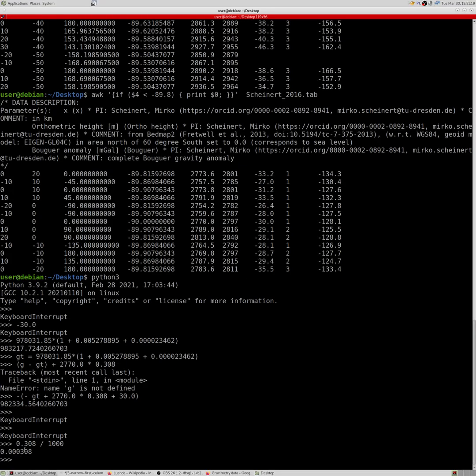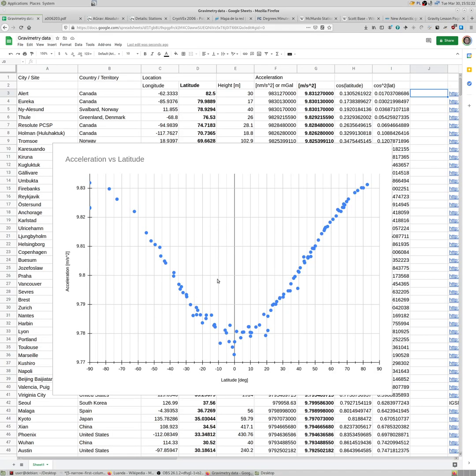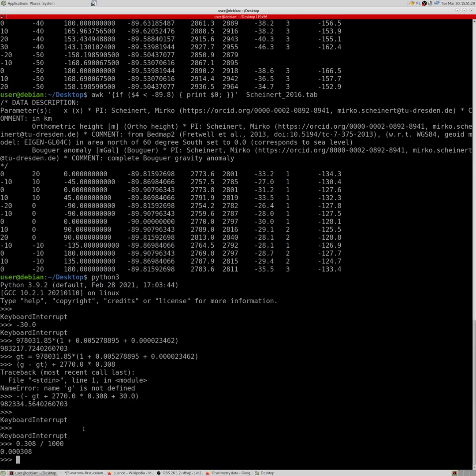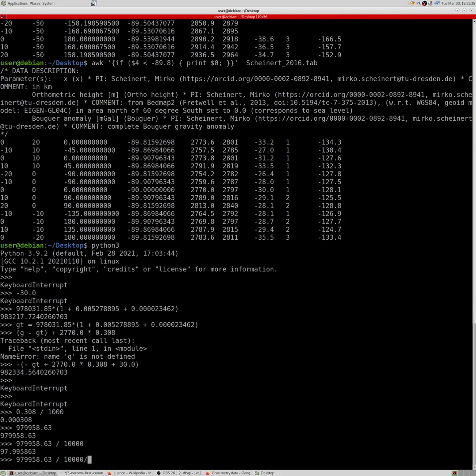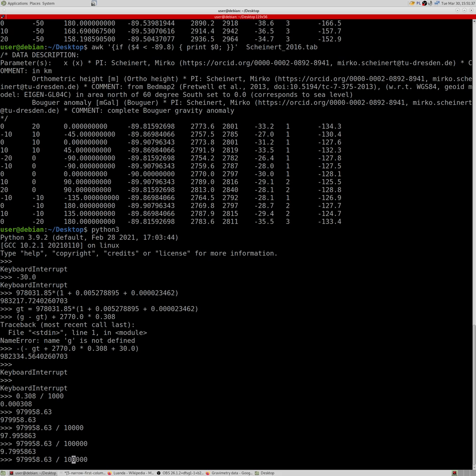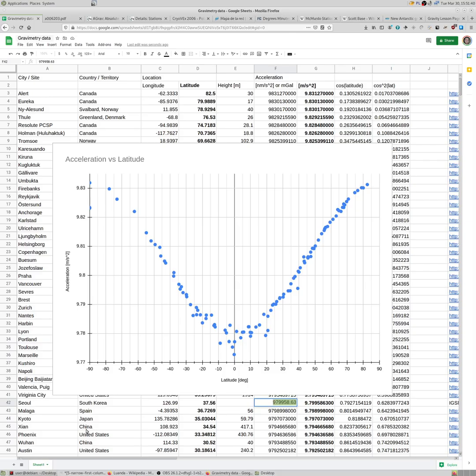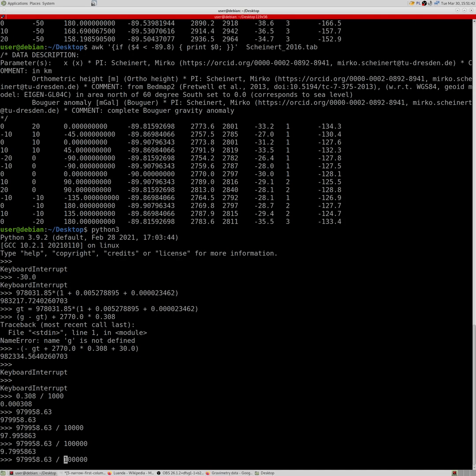We know that we wanted this in meters per second squared. So this is in milligals, and this is in meters. To get from milligals to meters per second squared, we need to divide by 100,000.